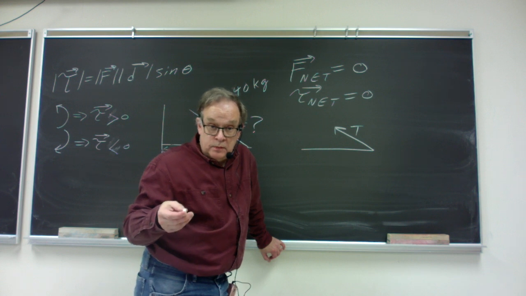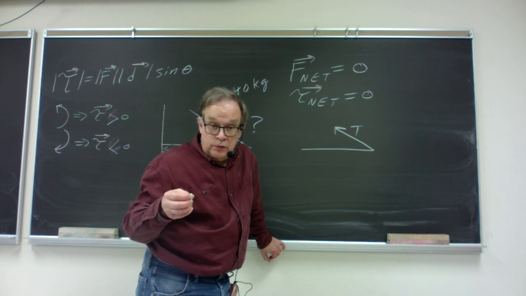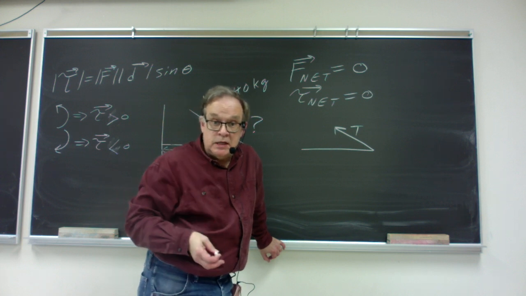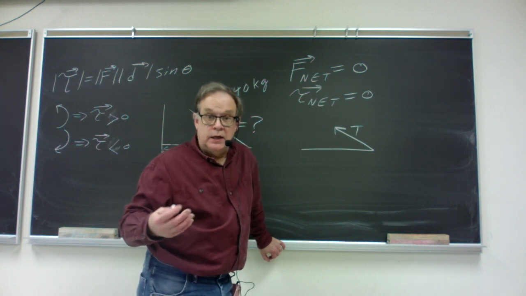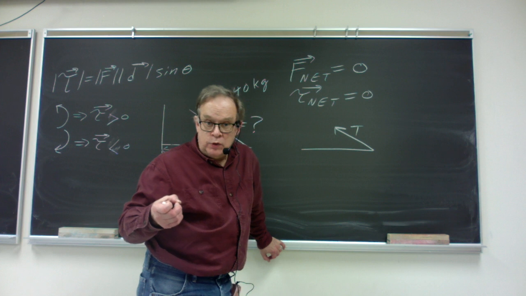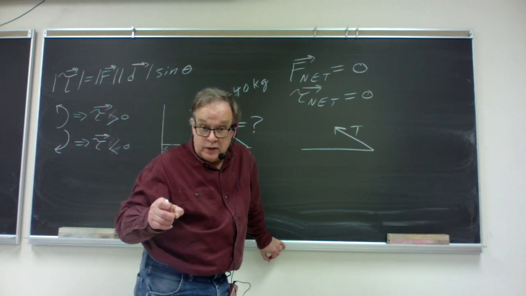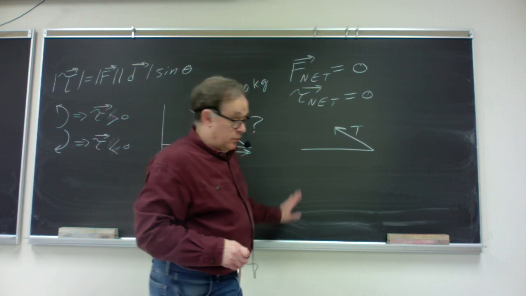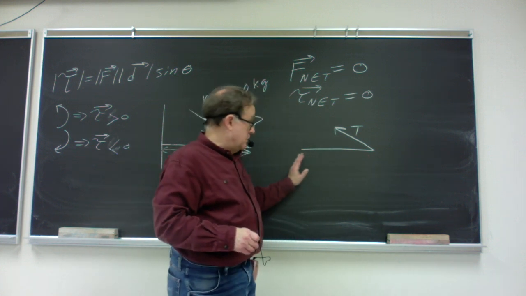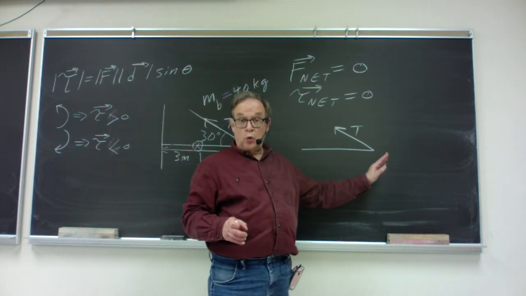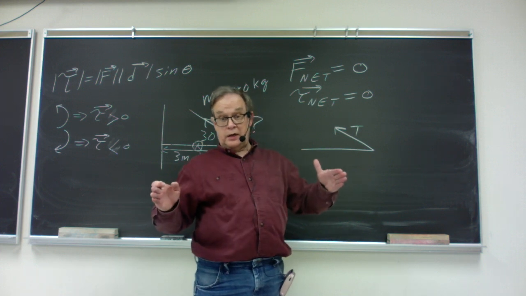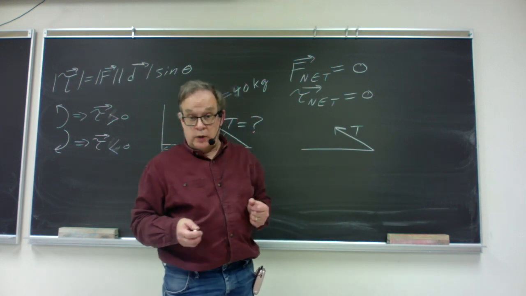And remember, when we're thinking about the weight force on an object that's extended, an object that has volume, an object that isn't just a point, we think of that weight force as acting only on the center of gravity. And if the mass is evenly distributed throughout the whole length of the object, the center of gravity is right in the middle.